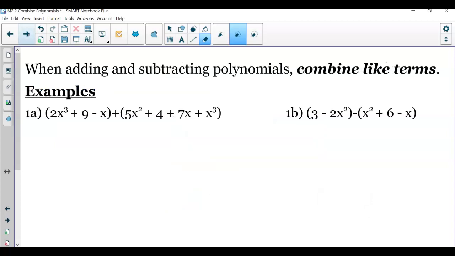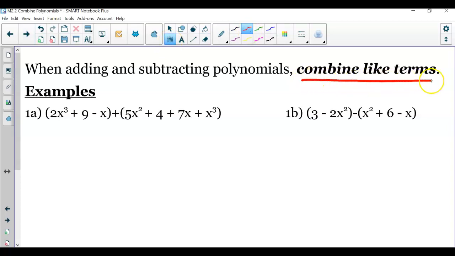With this first example, we're going to be adding and subtracting. Notice how in the first one, we are just adding. And when you're adding, you are just combining like terms. So the variable, but also that exponent, has to be the same. With 1a, notice how it's not necessarily in standard form yet.